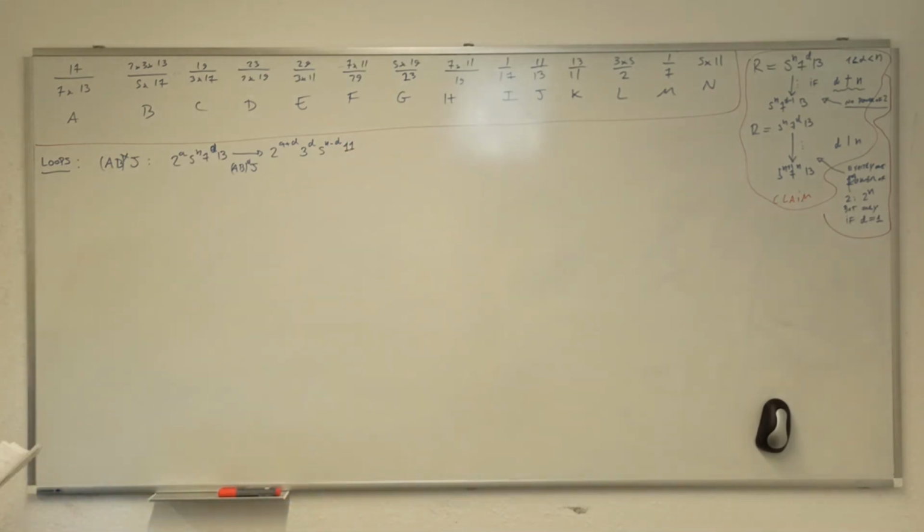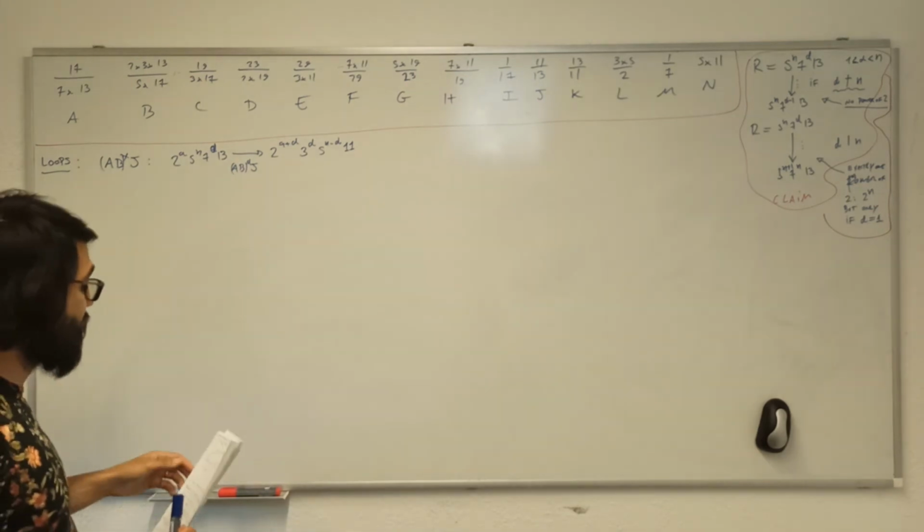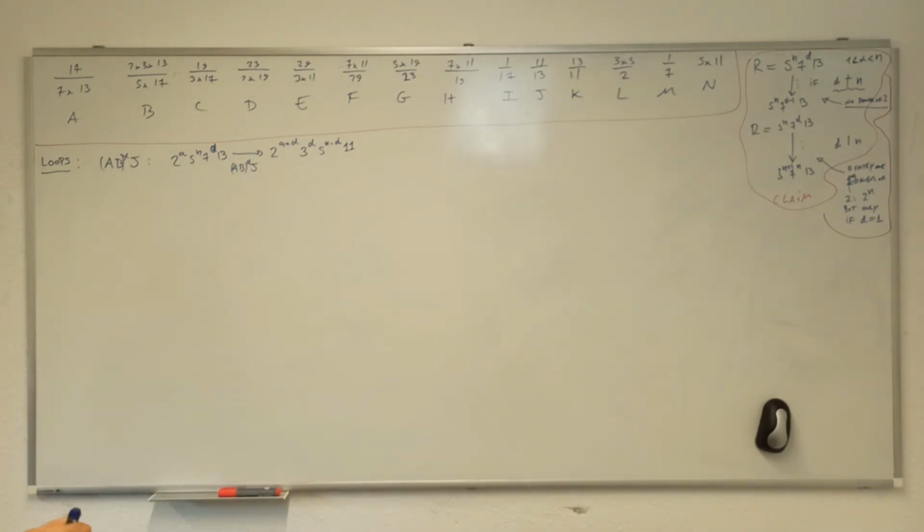Okay? So there are a bunch of these loops. Let me explain at least the first 2, and then the rest I will just write that they work. So this one, why it works.